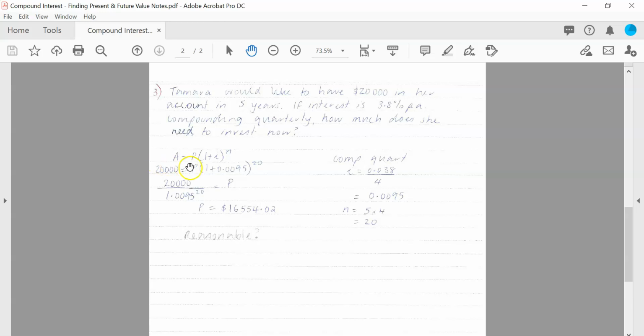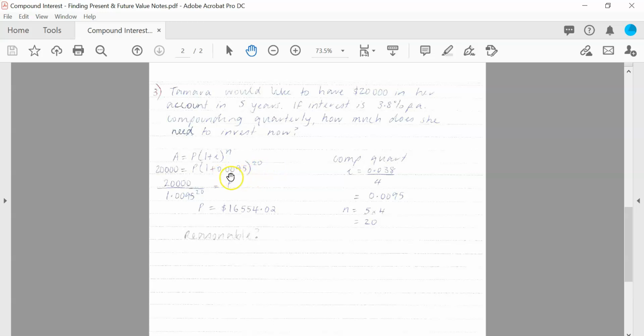So we've still started with our compound interest formula, and this one is compounding quarterly, so our I value becomes 0.038 divided by 4, and our N is 5 years times 4 times per year, gives us that it is going to compound 20 times.